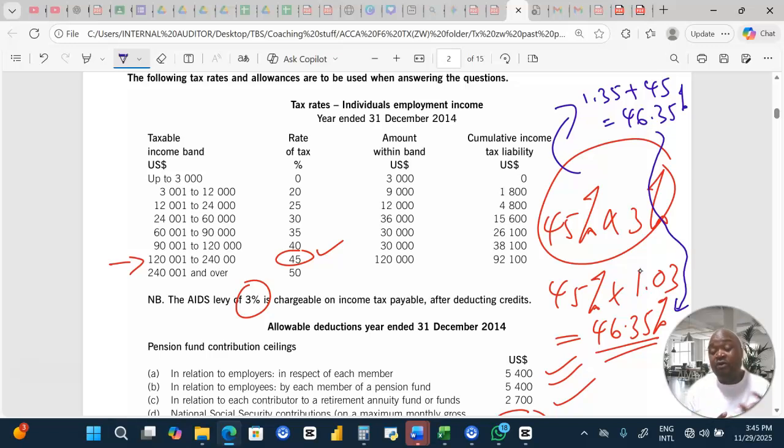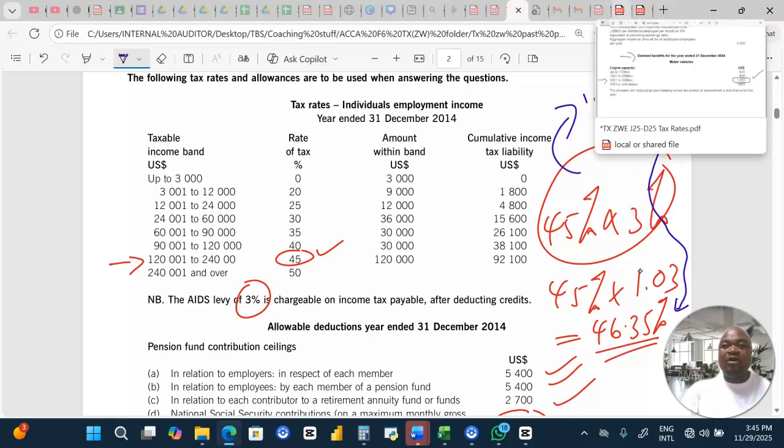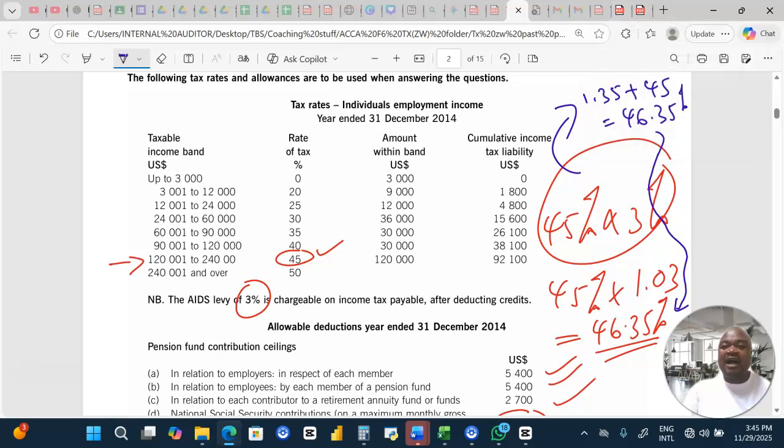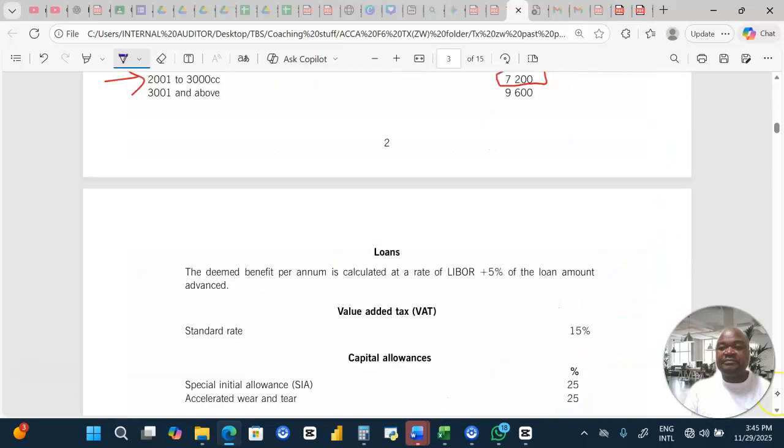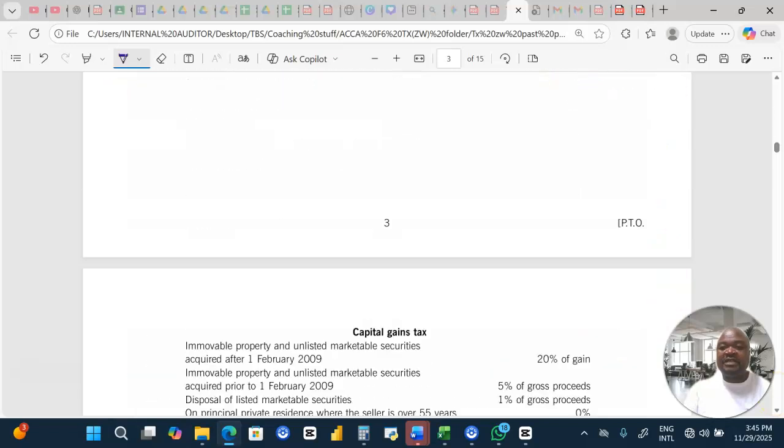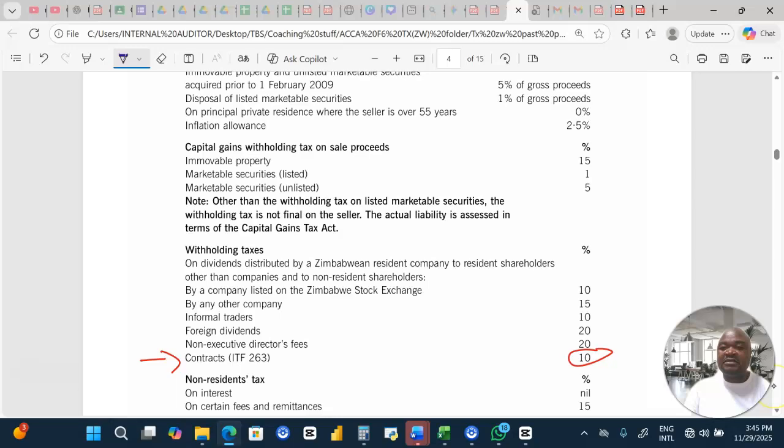So be careful, know where it emanates from. Okay, now, so we pick the 45% and we move on with our life. 45% is the applicable rate.